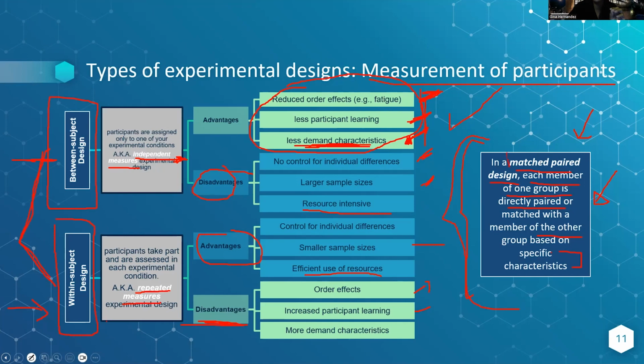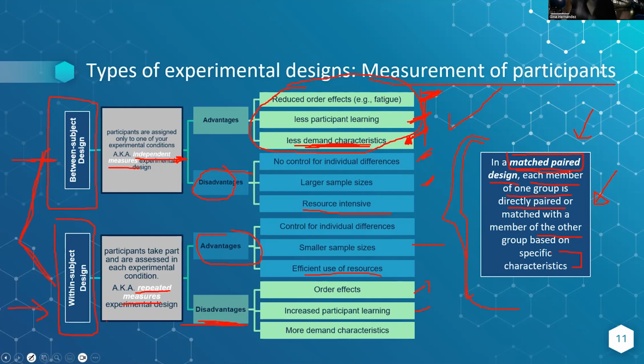So in a matched pair, let's say you have 2 groups, one control group and one treatment group, and then you say, okay, I want someone that is really good at sports, and they can run 2 hours each day. If you're controlling for this, then you should have one of these participants in each group.